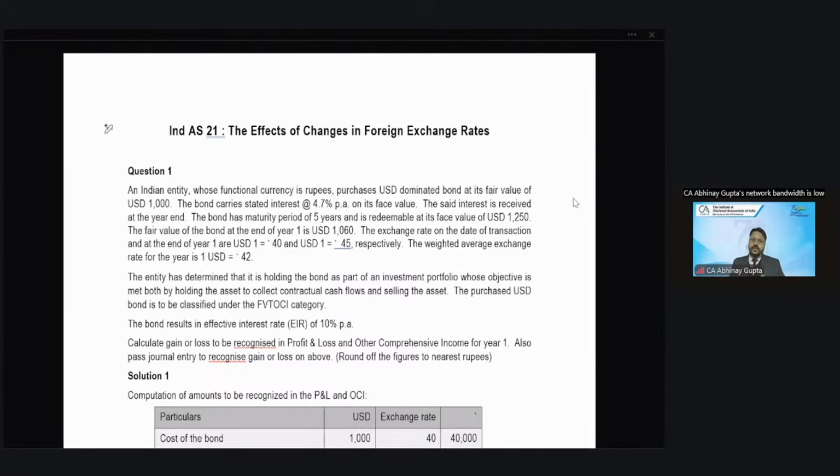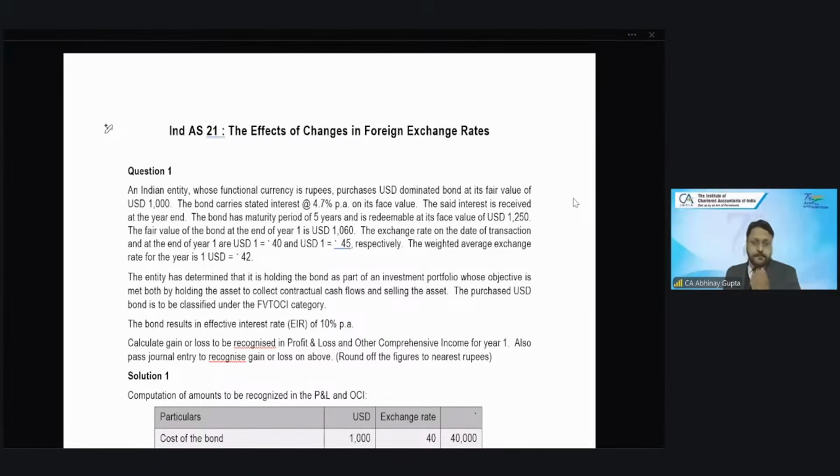What is the difference between these three? Functional currency is the currency in which the entity is operating. Okay, so let me quickly rewind whatever we have understood in the main classes.